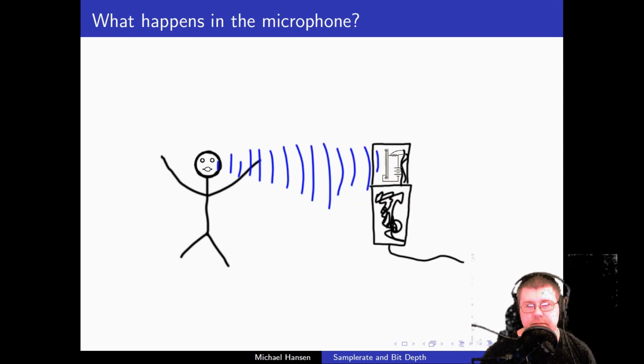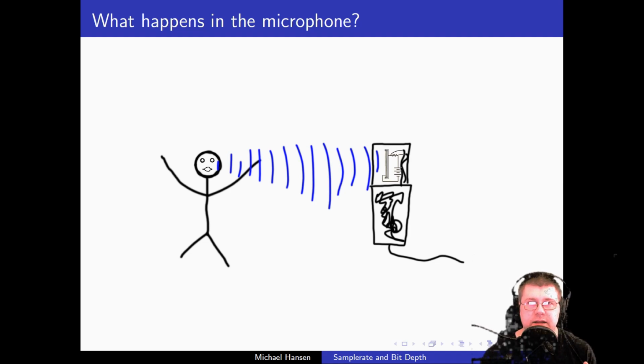So what happens in the microphone is that right in here, I don't think you can see it, but in here there is what is called a diaphragm. You could call it the eardrum of the microphone. It's a little metal plate that is suspended and given an electrical charge. Well, at least in a condenser mic it is, not in a dynamic mic.